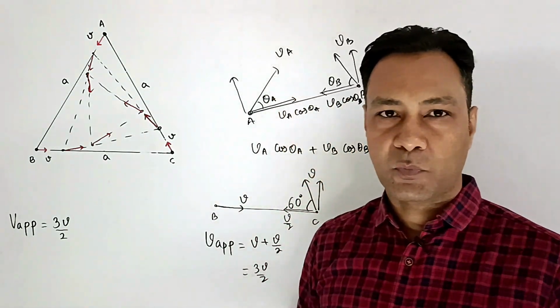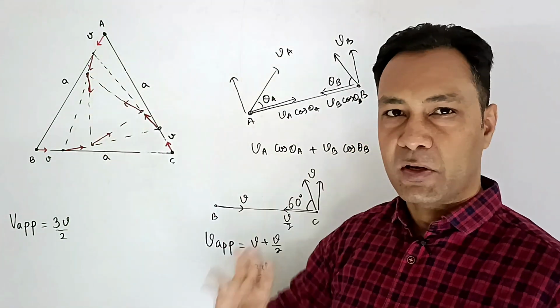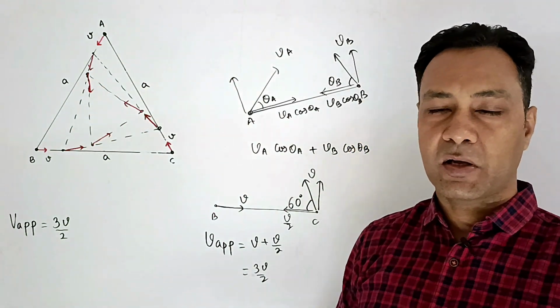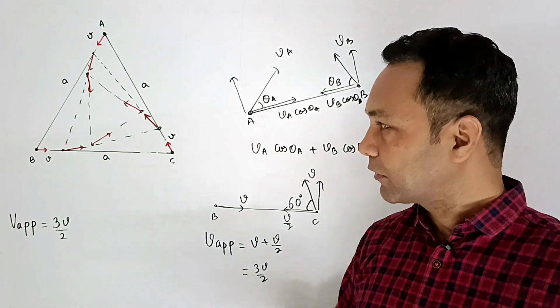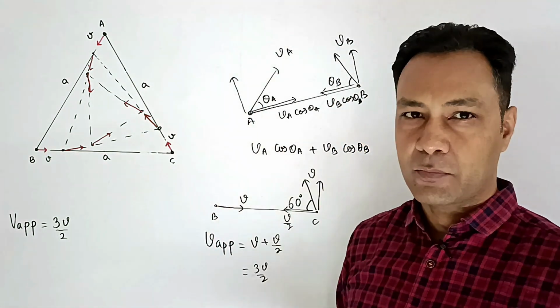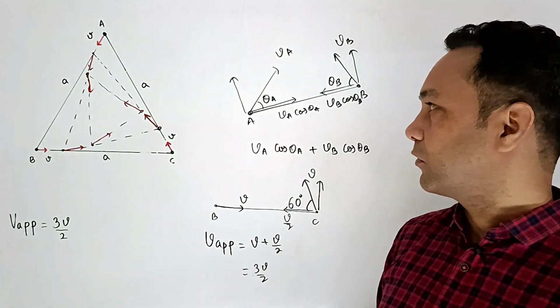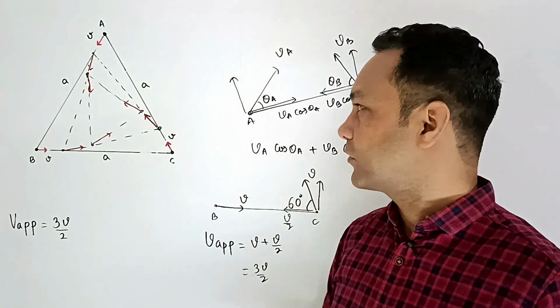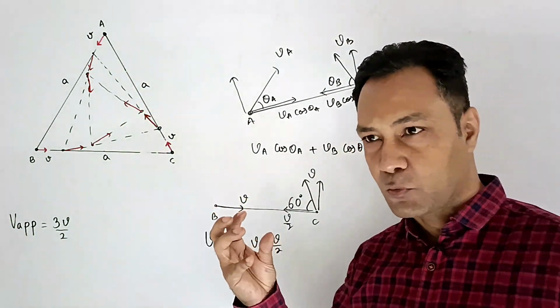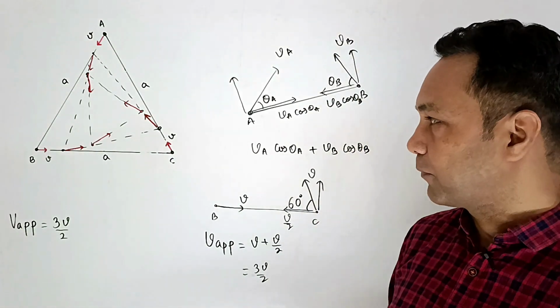At any time, the triangle joining these three points is an equilateral triangle. The only thing that is happening is that the size of the triangle is shrinking, and where it becomes a point should be the centroid of this triangle. So basically they are coming closer and the side of the triangle is becoming smaller.